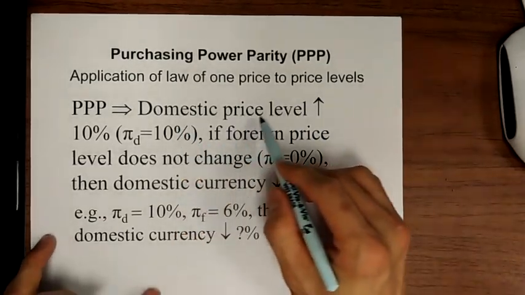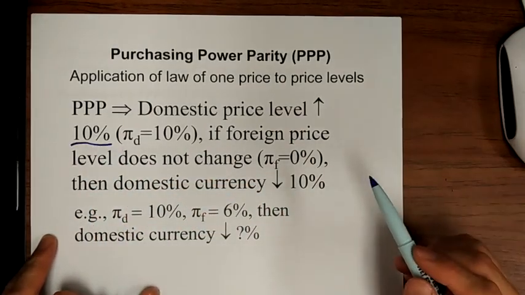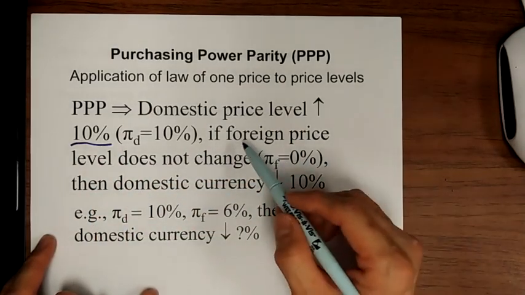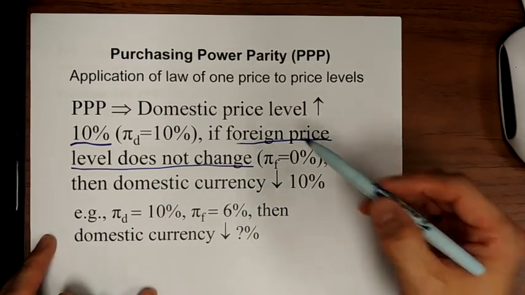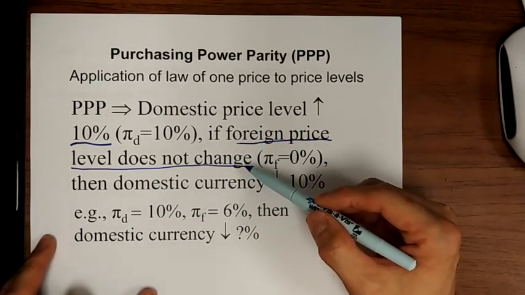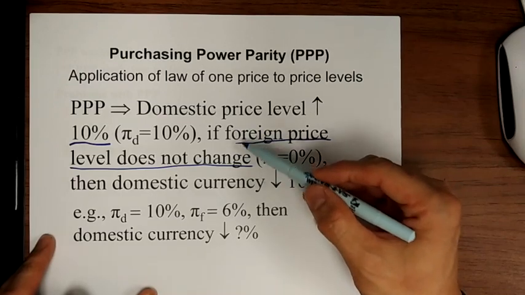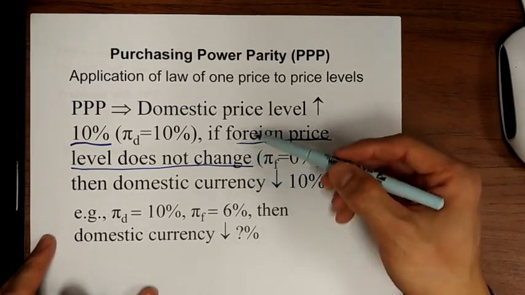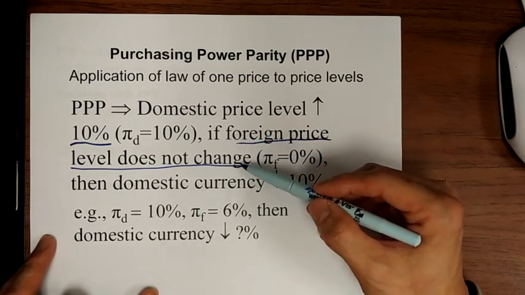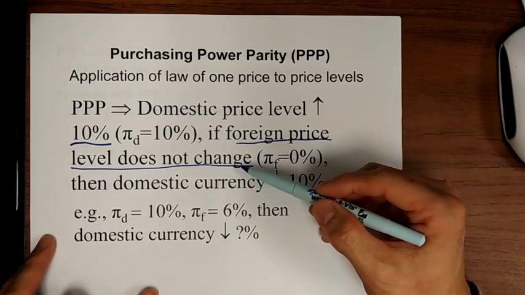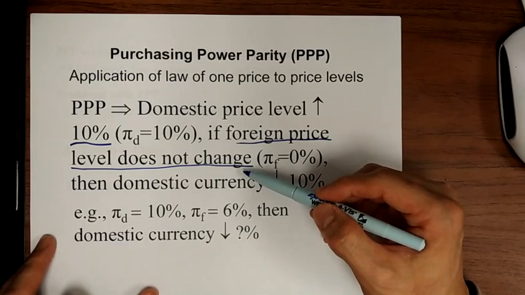Then purchasing power parity says, if the domestic price level goes up by 10%, and the foreign price level doesn't change, so foreign goods are relatively cheaper. Therefore, people are going to buy foreign goods. To buy foreign goods, what do they have to do first? They have to buy foreign currencies.